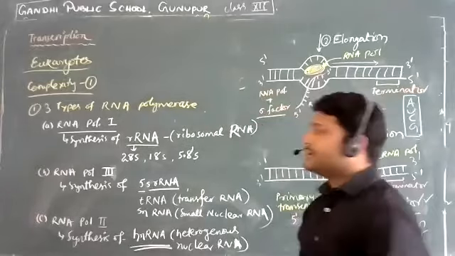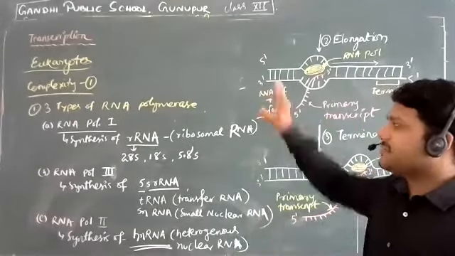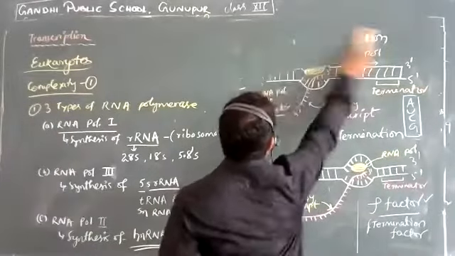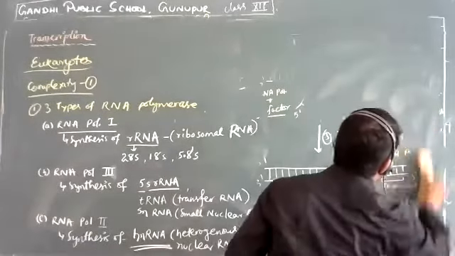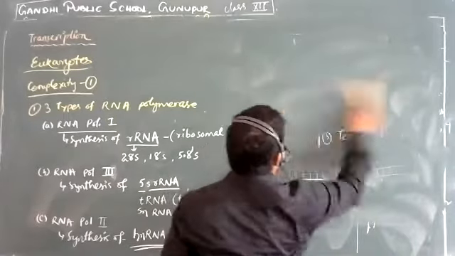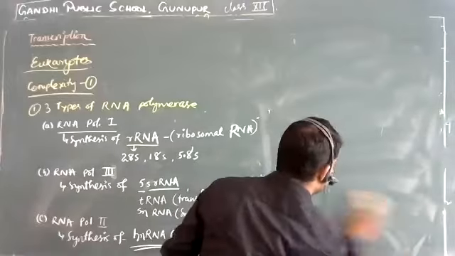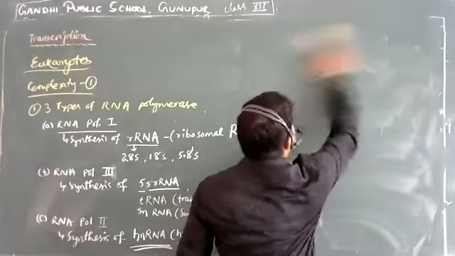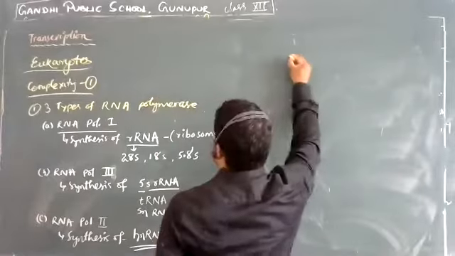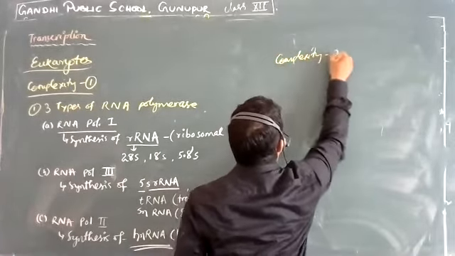the eukaryotic transcription. Now, I just said there are two complexities. This is complexity 1. What is the second complexity? Let's see that. Complexity 2.